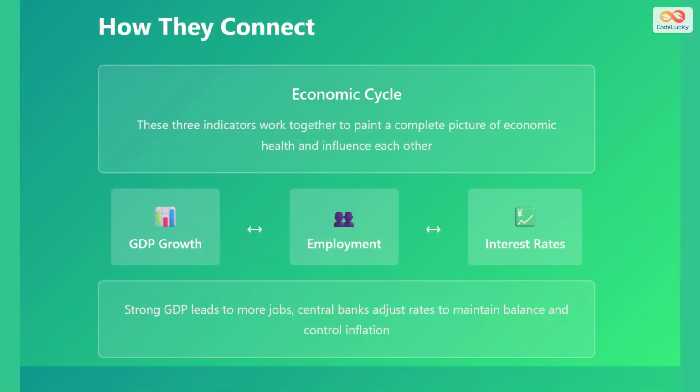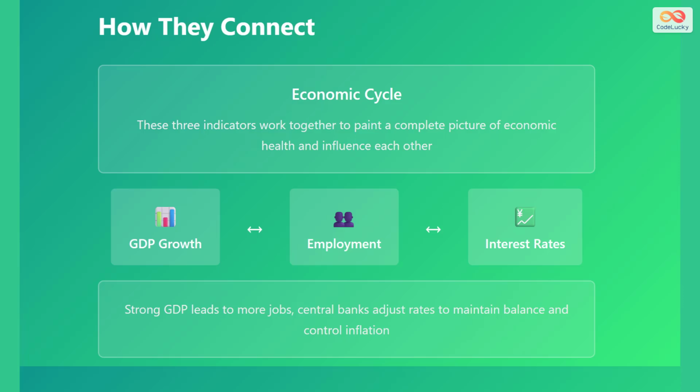These three indicators don't exist in isolation. They're deeply interconnected in the economic cycle. GDP growth, employment, and interest rates work together to paint a complete picture of economic health, and changes in one often trigger responses in the others. For example, strong GDP growth typically leads to more jobs as businesses expand.